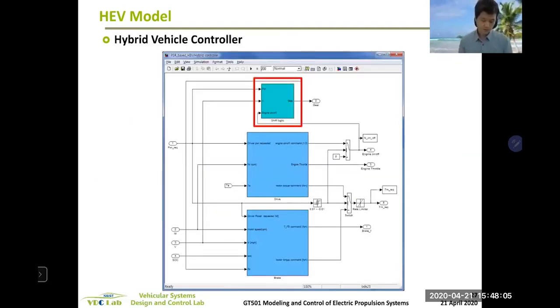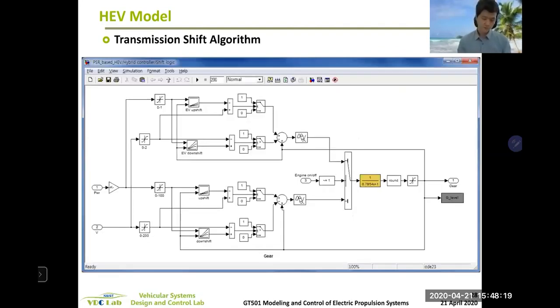And this is the shift logic, the transmission controller. I'm not going to spend too much time here. Okay, I'm going to move fast. But there are also two shift maps. One is upshift, and the other one is downshift.